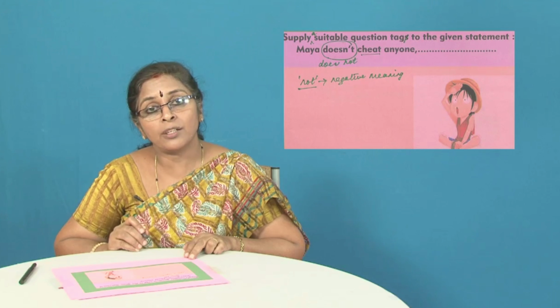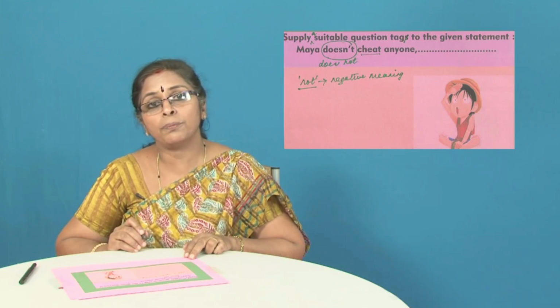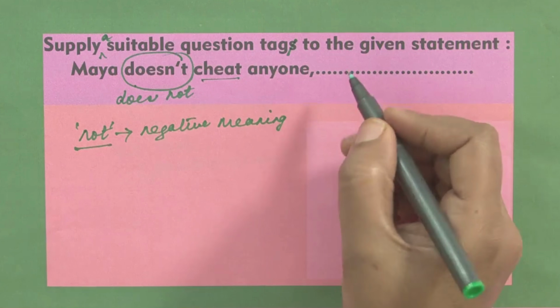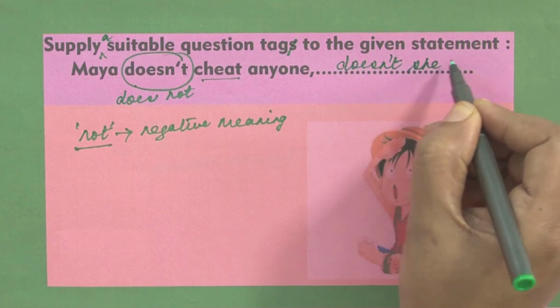You are just going to make use of the pronoun either she or he. Since Maya is a girl, you are going to make use of the pronoun she and not the proper noun Maya. So the answer is does she, and please end it with a question mark.